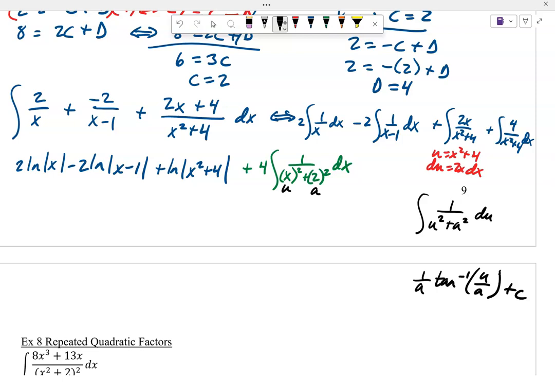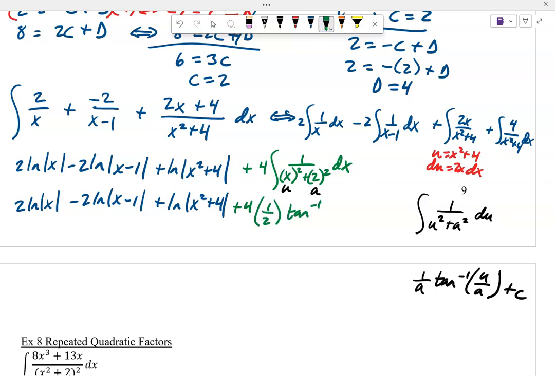This was one of those integration formulas we had in Calculus 1. So you got plus 4, and then it's 1 over a arctangent of u over a plus a constant. Almost there.